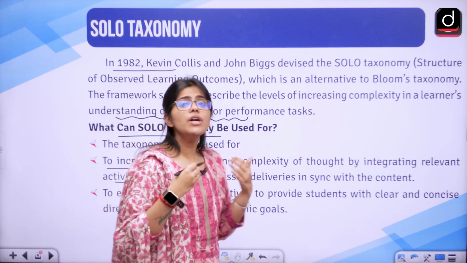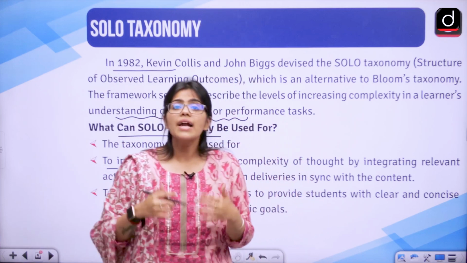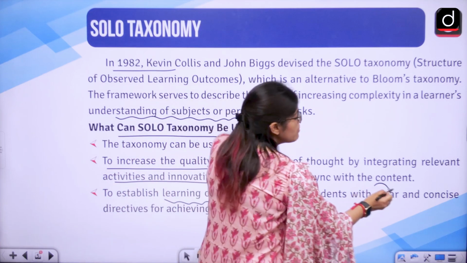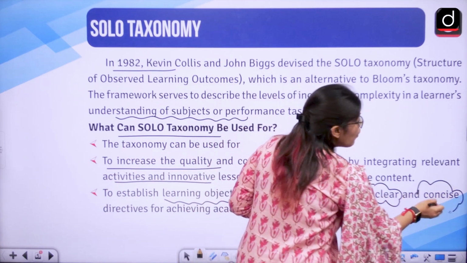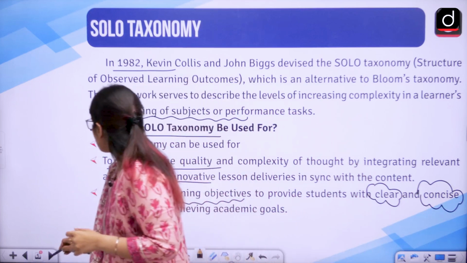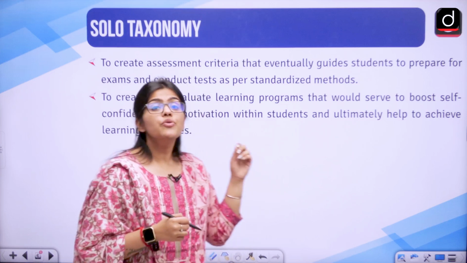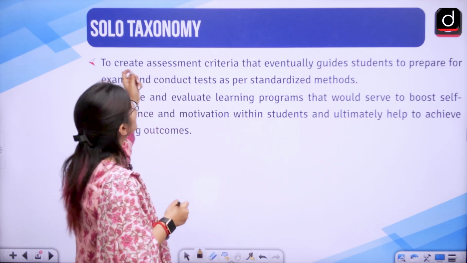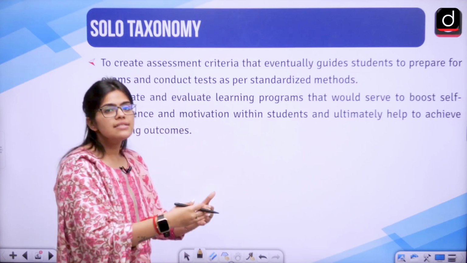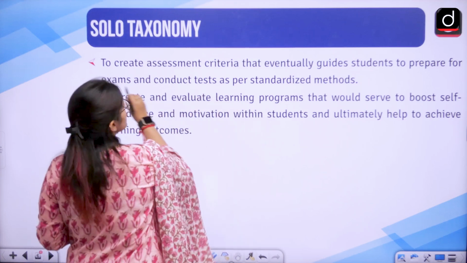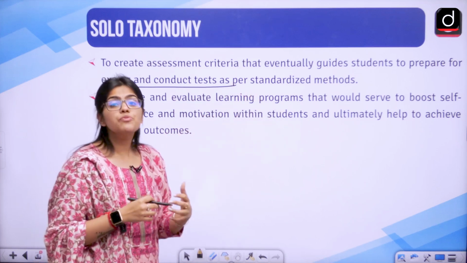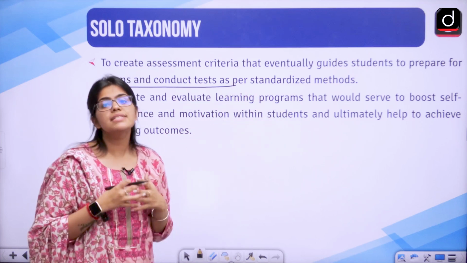So if you keep telling them what to do and teaching them in a structured manner, what would happen? A clearer and more concise knowledge base would be formed. Then you can use this taxonomy to create assessment criteria that eventually guide the students to prepare for the exams and tests they would be taking. This would help them meet the standardized methods.